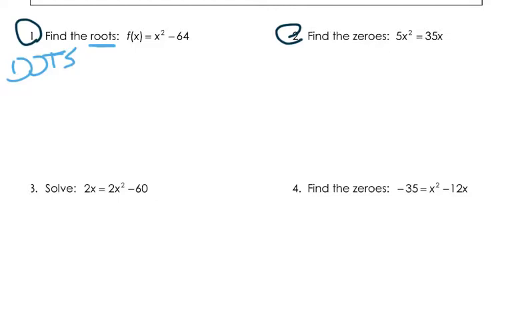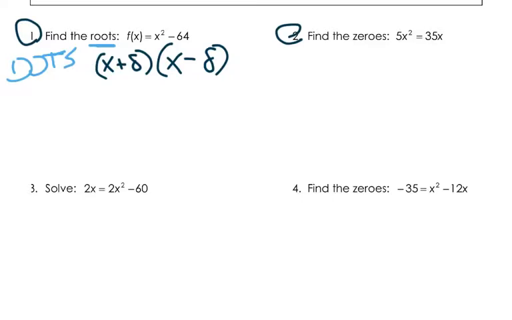Also, the operation between these two terms is subtraction. So when doing DOTS, we set our two parentheses, one with addition, one with subtraction. I separate x squared, so I'll have x and x, and the square root of 64 is 8.